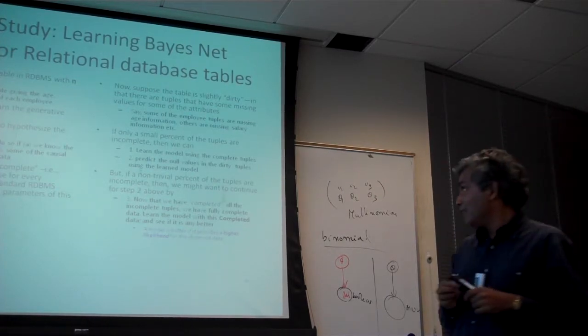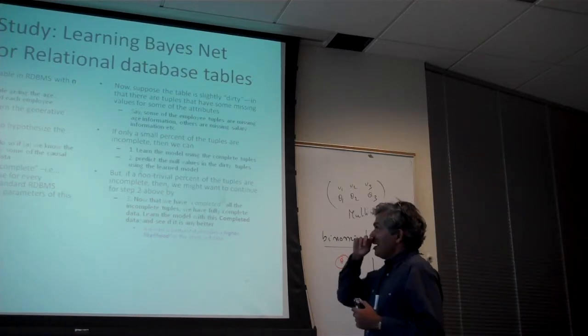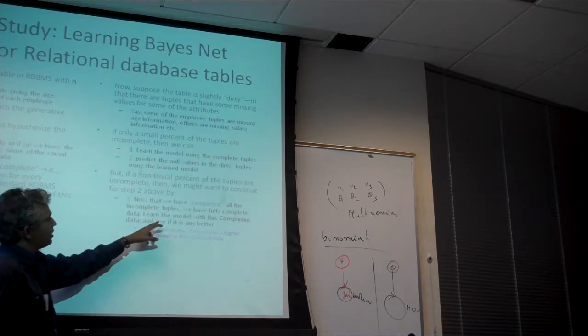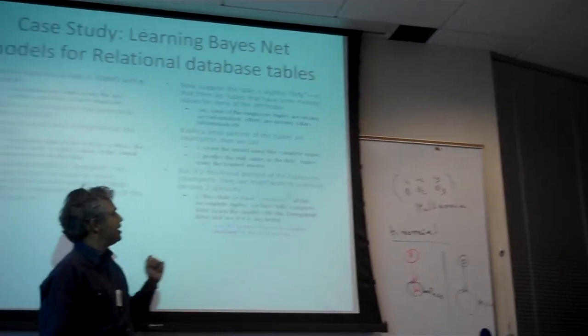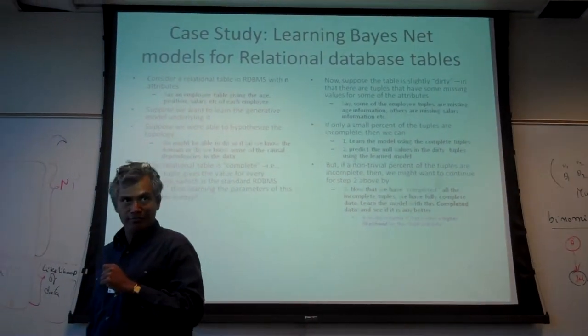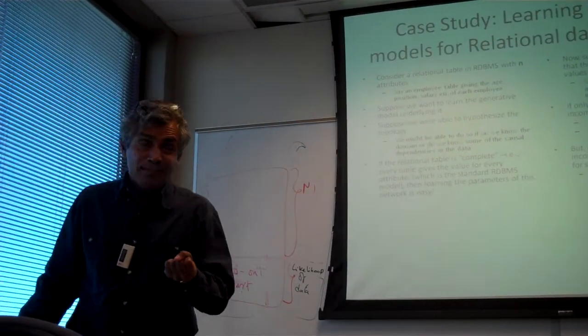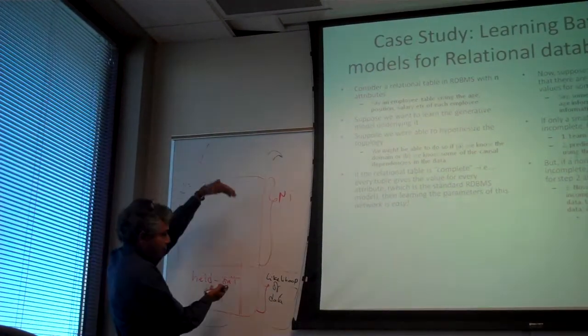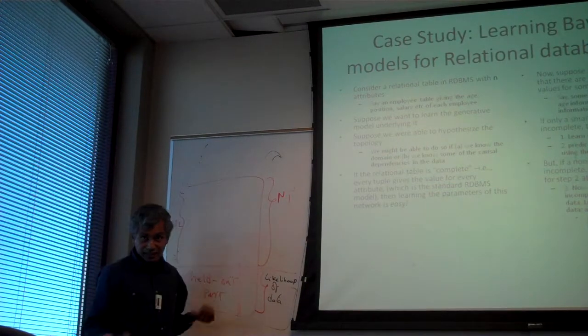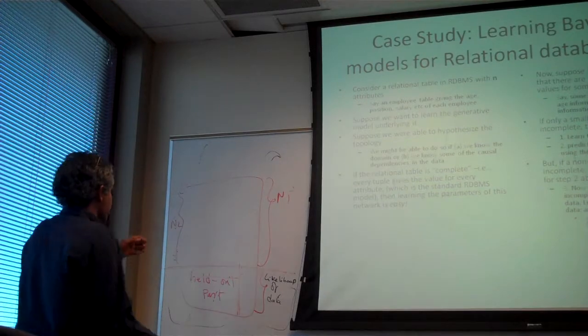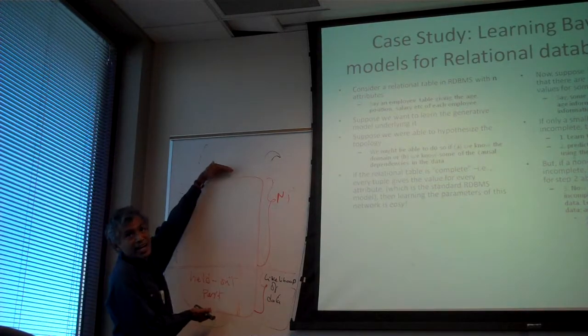Okay? And if you understand that temptation, now that we have completed all the incomplete tuples, we have fully complete data. Learn the model with this completed data and see if it's any better. In general, the way you decide whether a model is any better is if its likelihood for the held out piece increases, for example. You can also do the likelihood of the entire data too.